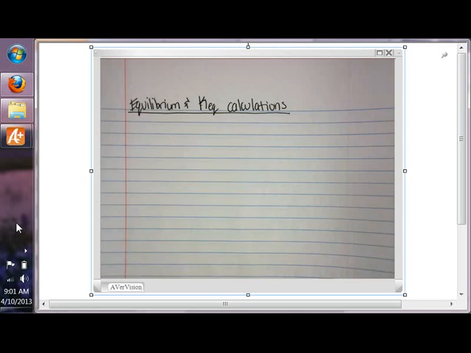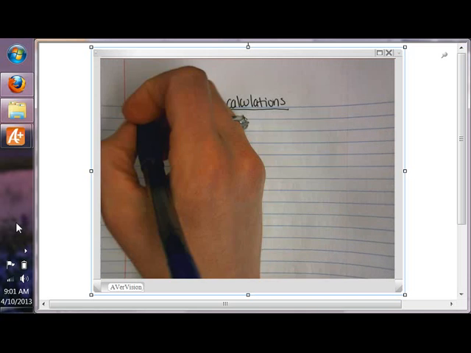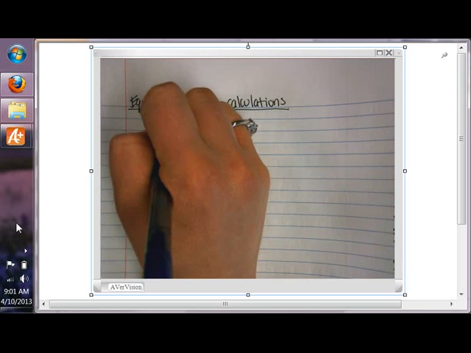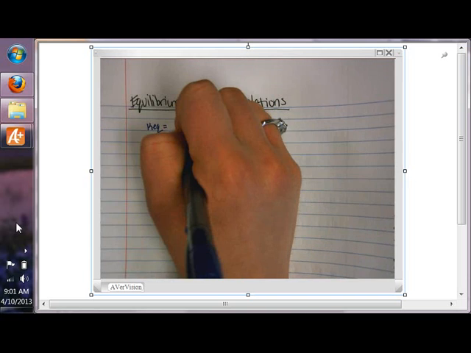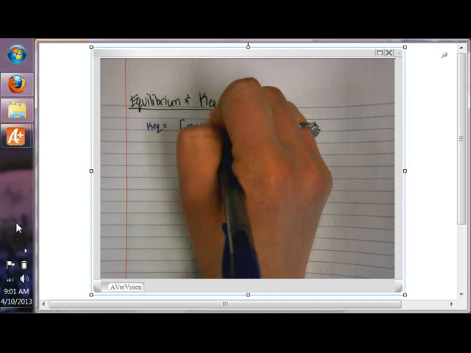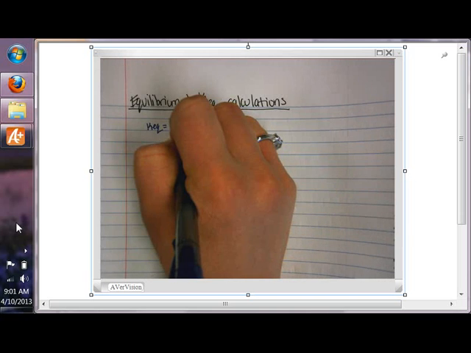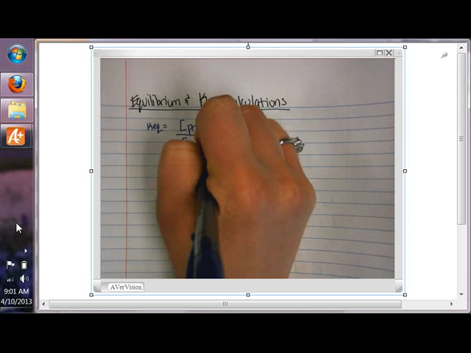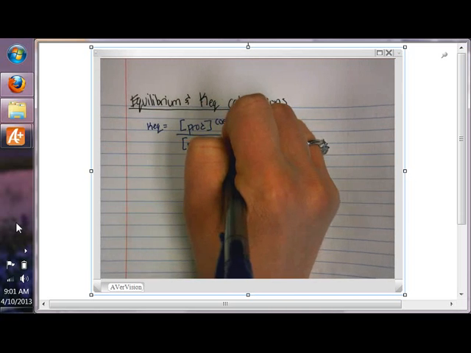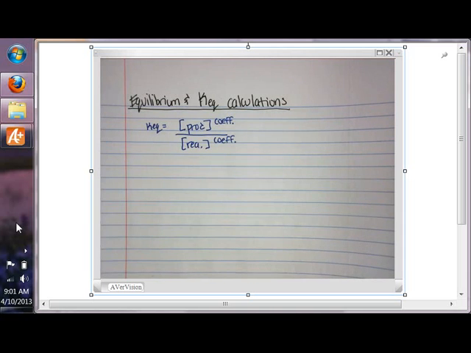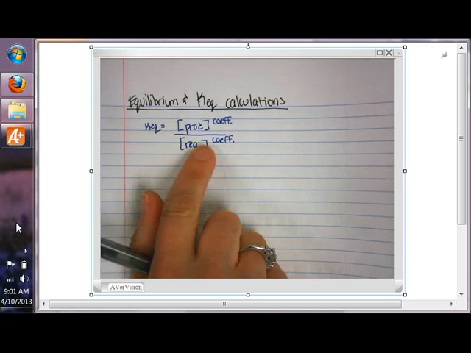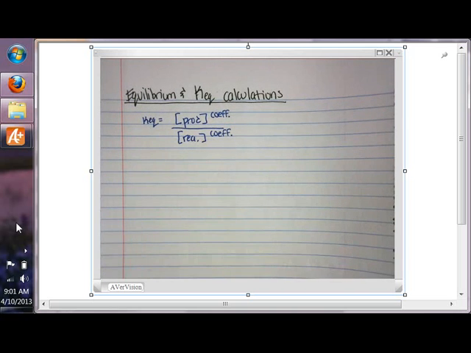And just as a reminder, Keq equals the concentration of the products raised to their coefficient all over the concentration of the reactants raised to their coefficient. So today what we're going to be doing is making our equation first and then plugging stuff in second. So let's go ahead and start with example 1.